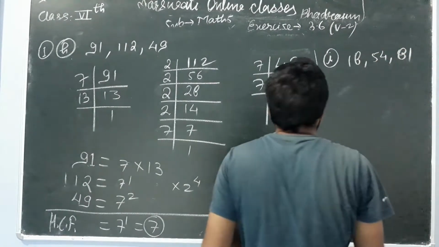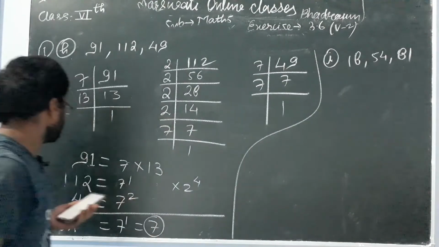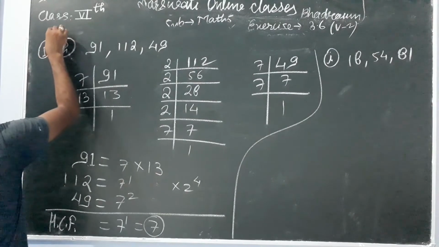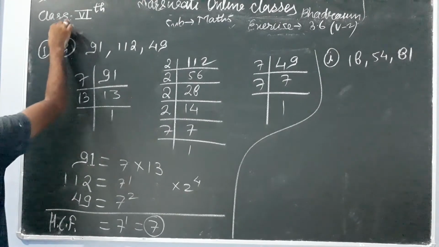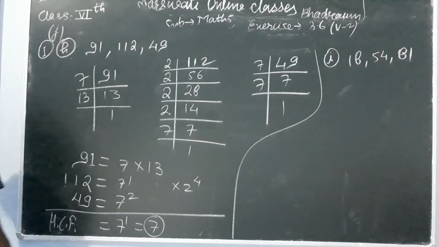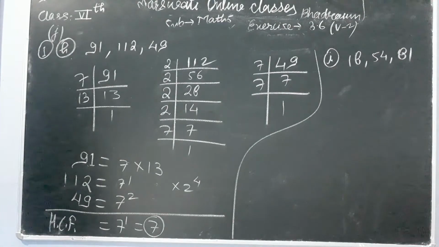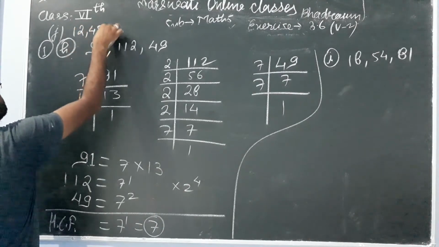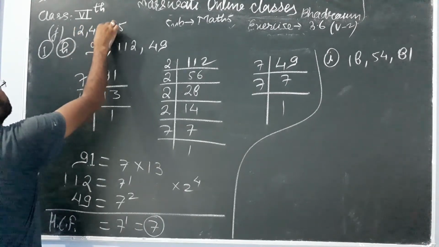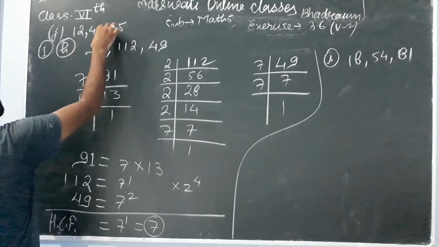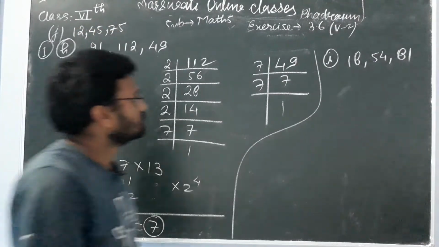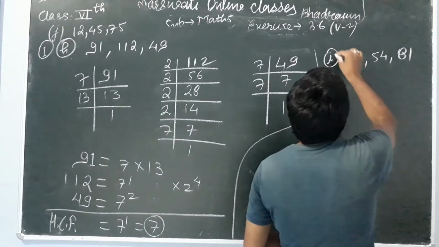Okay, and our part J, I am just going to write over here. Our part J is what? Part J is 12, 45 and 75. Part J is 12, 45 and 75.